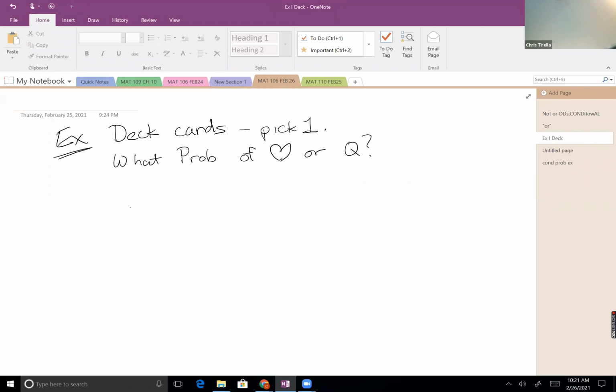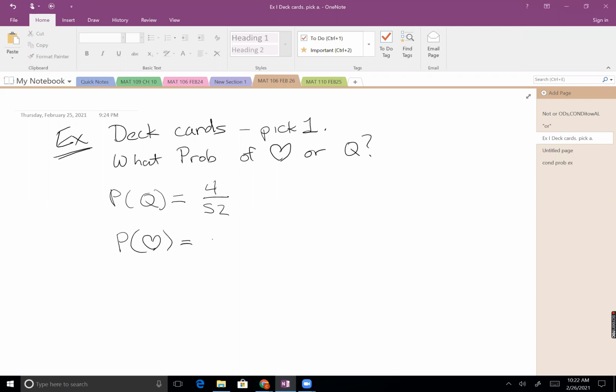So the probability of a queen, how many queens are there? 4, out of 52. The probability of a heart? How many hearts are there? A quarter of the deck? 13. So that's 13 out of 52.